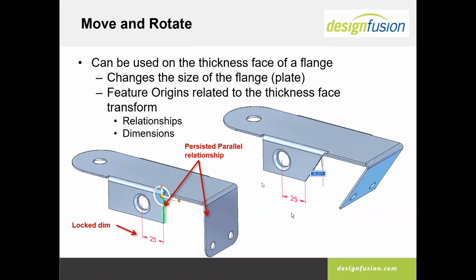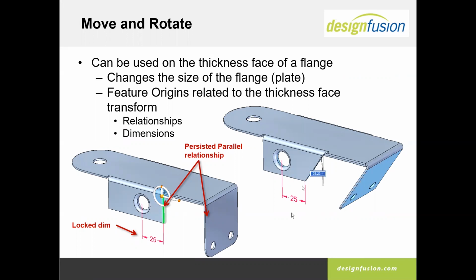You can also go in and create persistent geometric relationships that we showed you with synchronous part modeling. So I can say this must remain parallel with this. And then if I rotate this face, this will rotate with it.